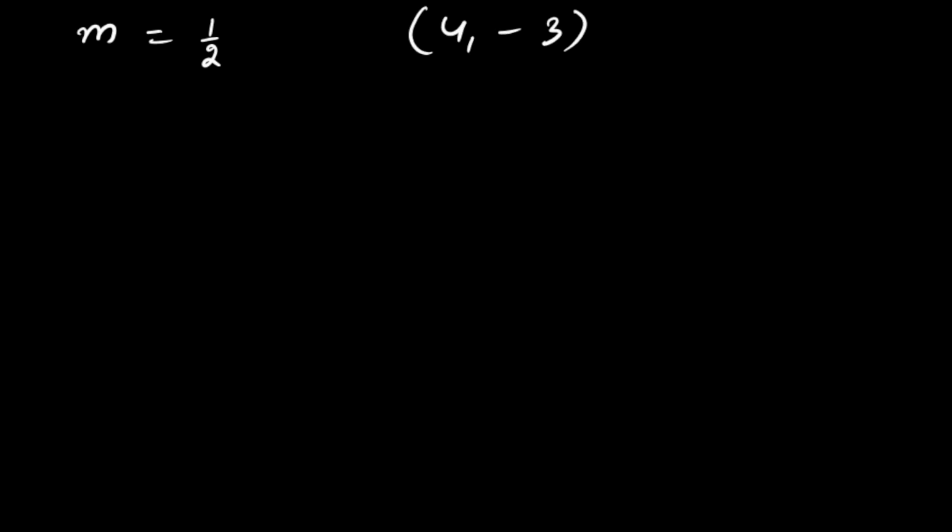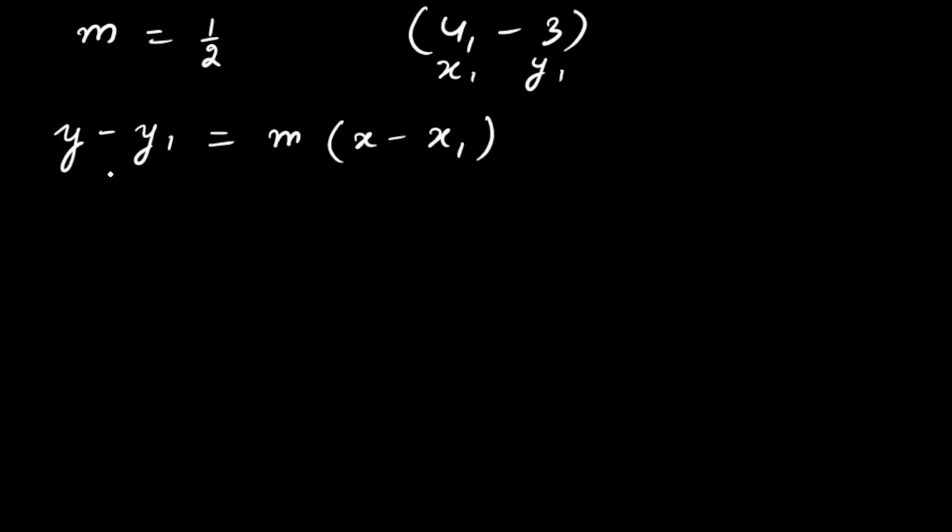So again we can use the point form, because we have x1, y1 and the slope: y minus y1 is equal to m into x minus x1.